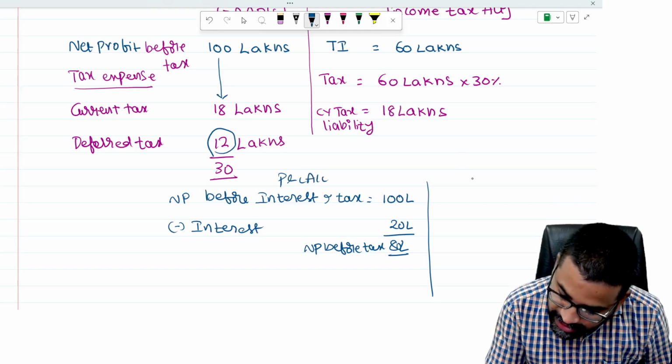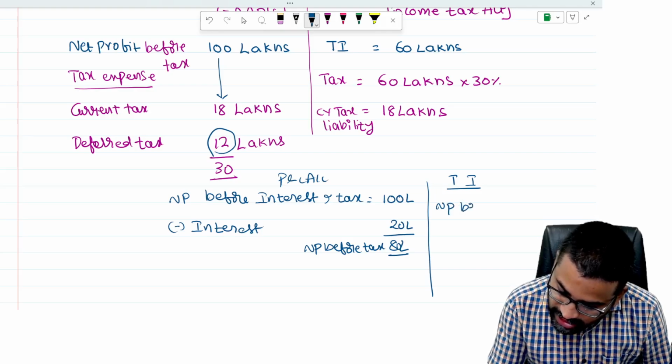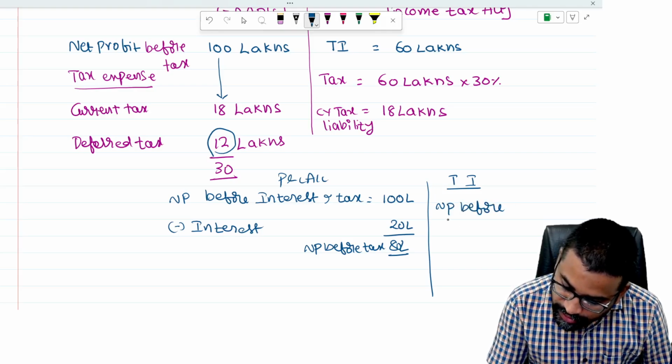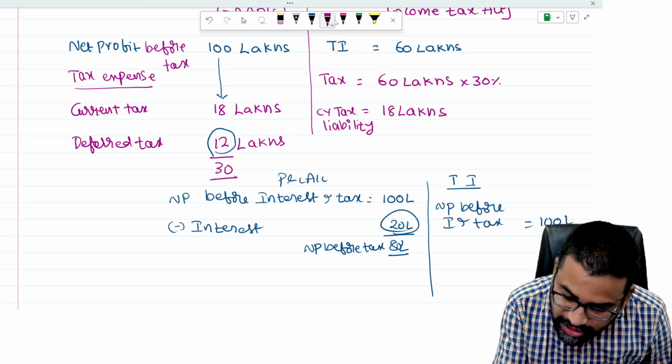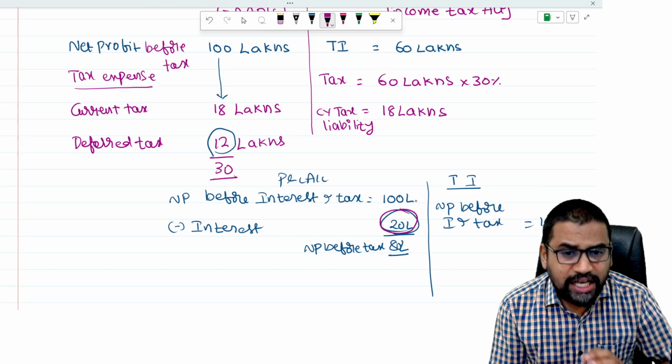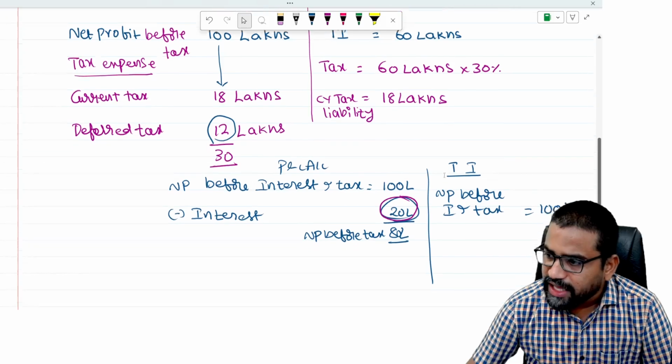Now coming to income tax, taxable income. Now tell me, what is my net profit? I will start with net profit before interest and tax, 100 lakhs. Now this interest of 20 lakhs, in P&L account, whichever year we incur any interest, we will directly debit to P&L account.